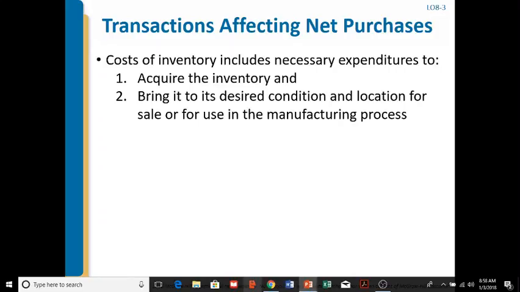Now, we talked about net purchases, because there's more to a purchase than simply the invoice price. The cost of inventory includes all necessary expenditures to acquire the inventory: the invoice price, but also those costs that bring the inventory to its desired condition, as well as the desired location for sale or use in the manufacturing process.